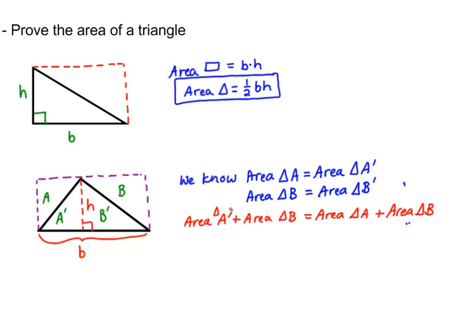Well, if they're equal, then that means that the area of A prime and B prime are just half of the rectangle. So therefore, my area of my entire triangle A prime, B prime, we'll call it A prime, B prime, is equal to 1/2 times the area of the rectangle.